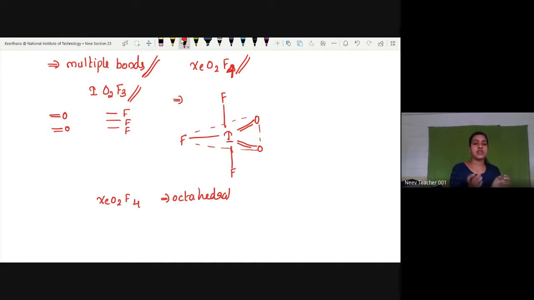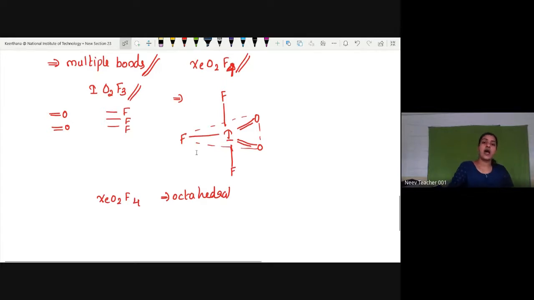Just because, as we know, multiple bond repulsion is much higher than single bond repulsion. So we will arrange these two multiple bonds with maximum distance or maximum bond angle.